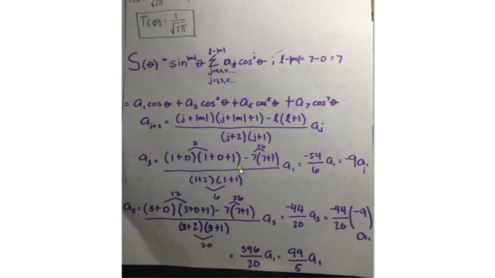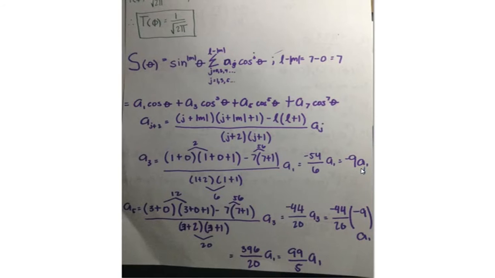So 2 minus 56 will lead us to negative 54 over, of course, the product of 2 times 3, which is 6. Negative 54 over 6 can be simplified by simply dividing 54 by 6, which is 9. So we have negative 9 times a1.